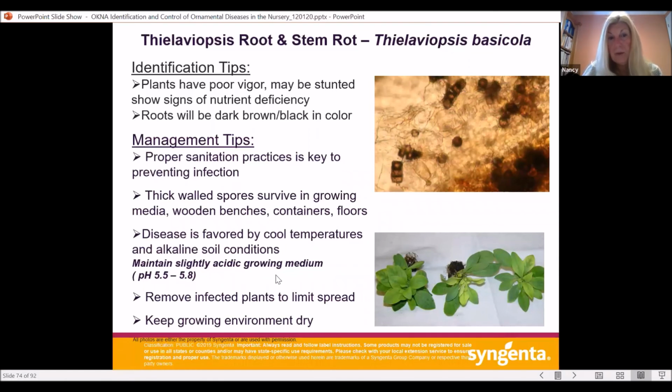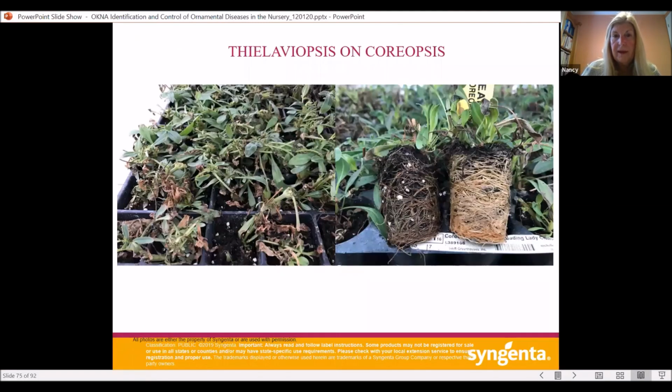Things that you can do is maintain a slightly more acidic pH in the planting media. Phalaenopsis likes it more on the alkaline side, so keeping that pH down in the 5.5 area, 5.8 will certainly help.